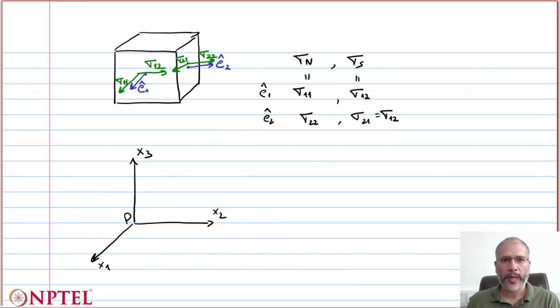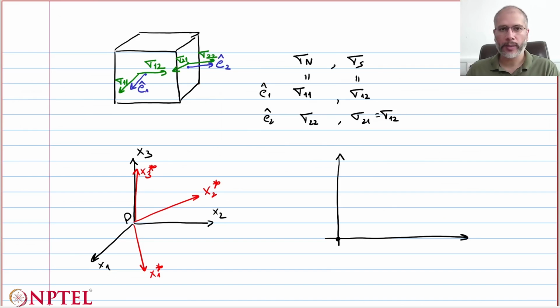If I was to write things in the principal coordinate system, that is, if I was to identify x1 star and x2 star as the two eigen directions in the x1, x2 designated plane, well, x3 star coincides with x3 because we've chosen x3 in such a way. So now I can draw the Mohr's circles.